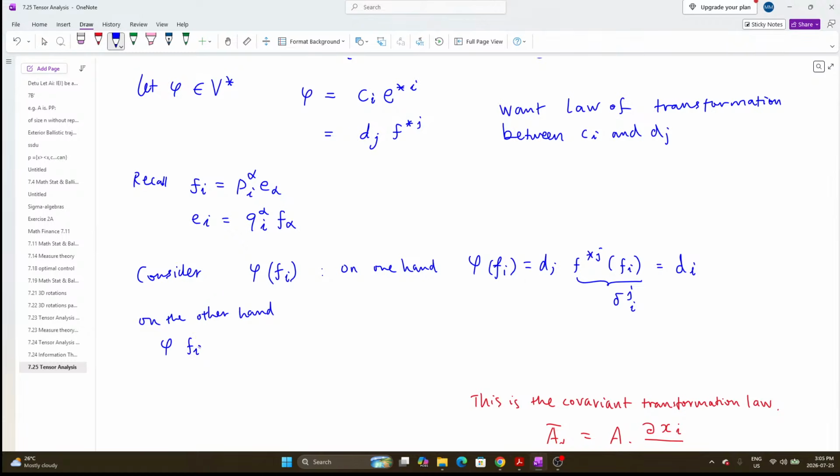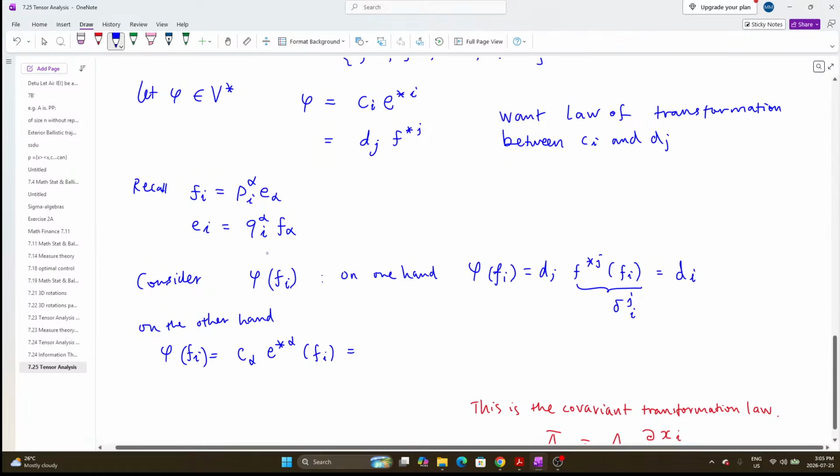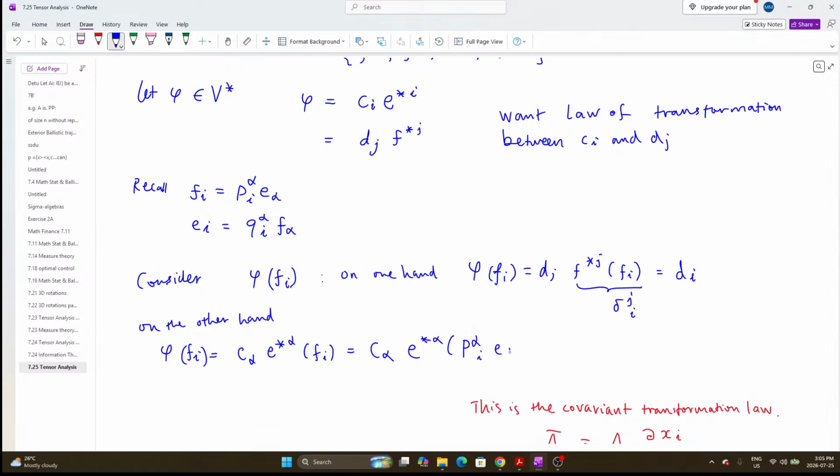Okay, on the other hand, phi of f i, use the first expression, you get c i e star i. Oh, I cannot use i as a dummy index, so let's use alpha. Alpha here, okay? e star alpha evaluated at f i. Once again, use the basic expansion, there should be here P. c alpha times e star alpha, P alpha i e alpha.